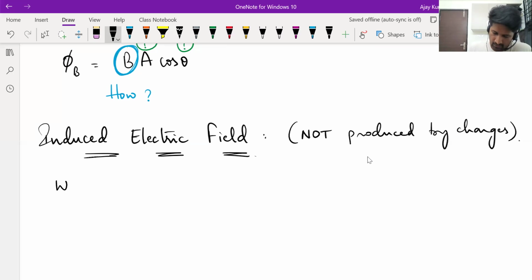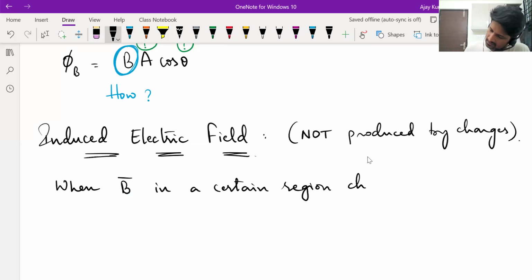So when the magnetic field in a certain region changes, what do we mean by magnetic field changing? Its strength could change, its direction could change, whatever it is.